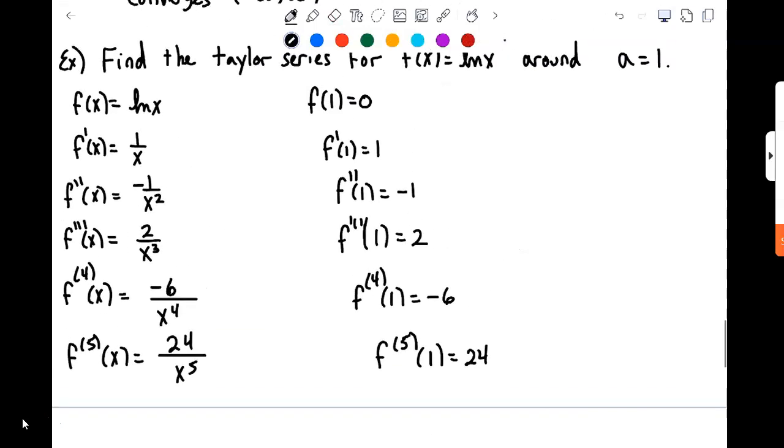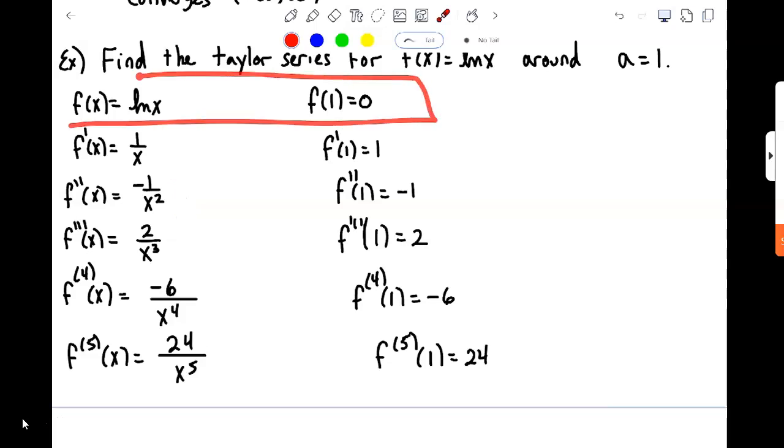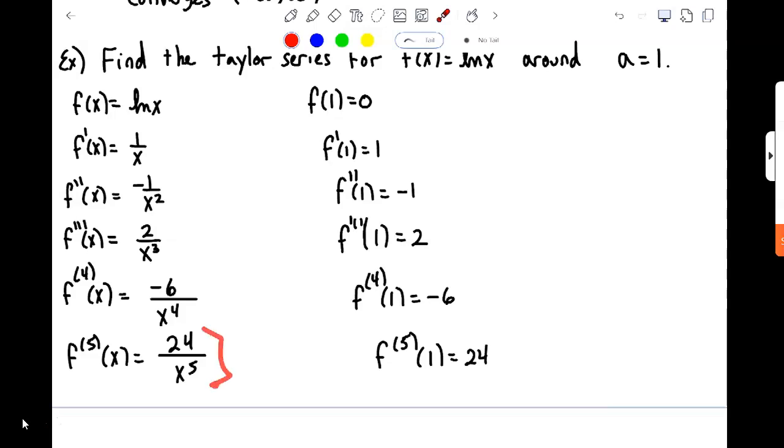So let's look again at what we have here. The first thing to note is that the odd derivatives have the positive sign, and the even derivatives, except for the first one, which doesn't matter because it's 0 anyway, are the ones that have the negative sign.